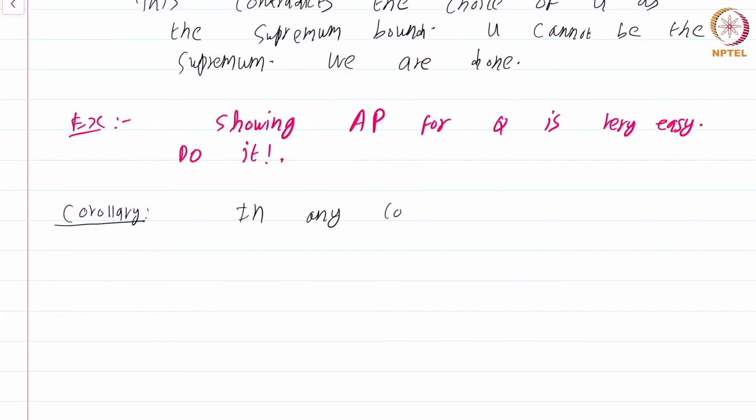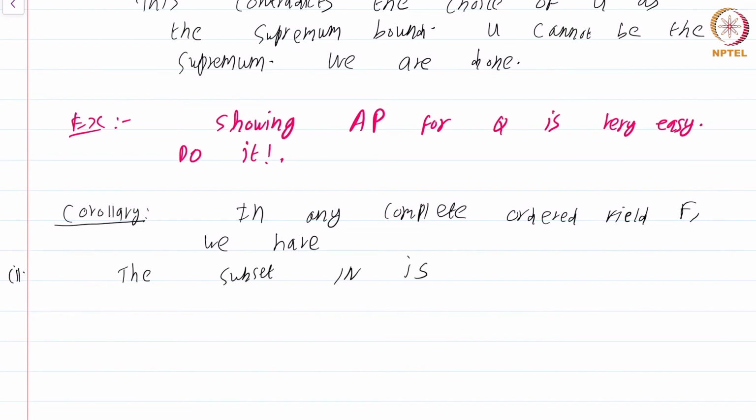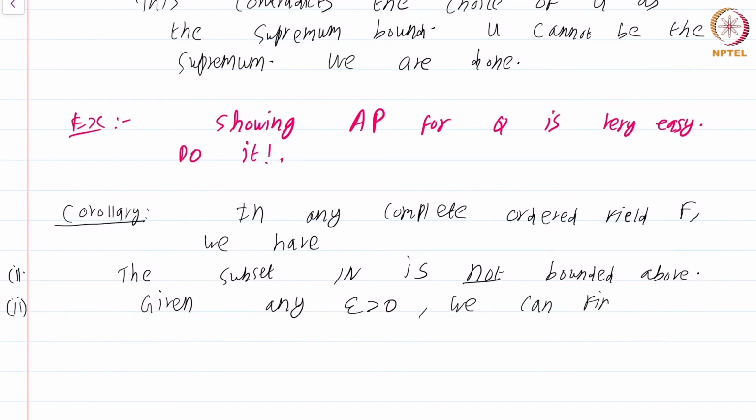In any complete ordered field F, we have: number 1, the subset N is not bounded above; number 2, given any epsilon greater than 0, we can find n_0 in N such that 1/n is less than epsilon whenever n is greater than n_0.